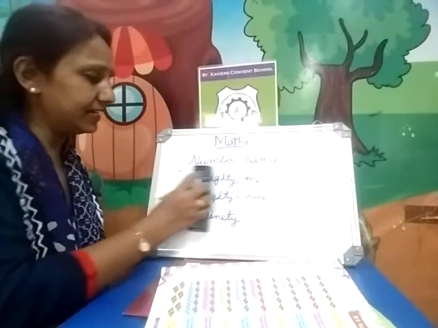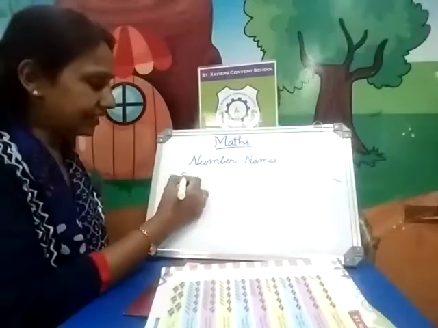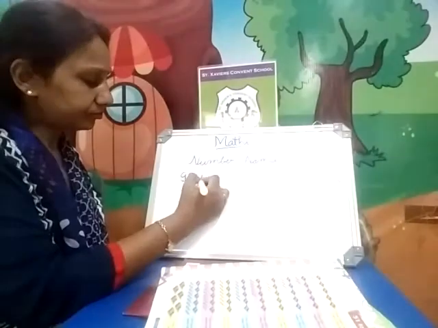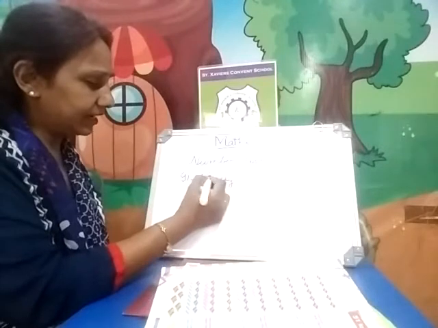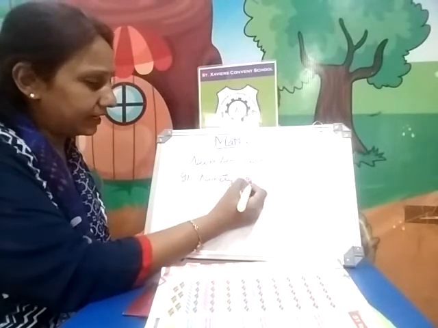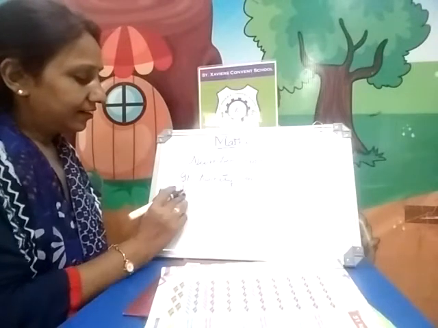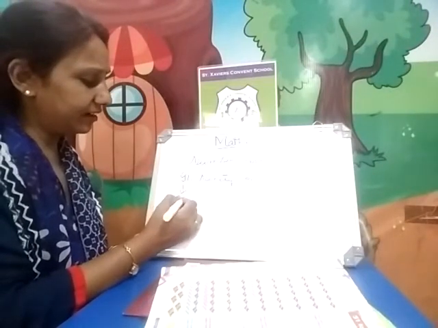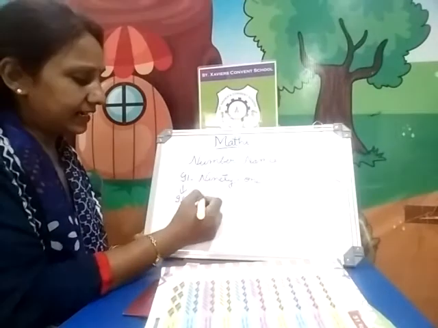It will be 90. So what comes after 90? 91. N-I-N-E-T-Y 90, O-N-E 1. And till 99 you write there. And also learn the spelling of 90.